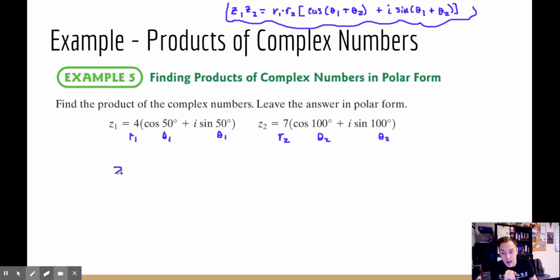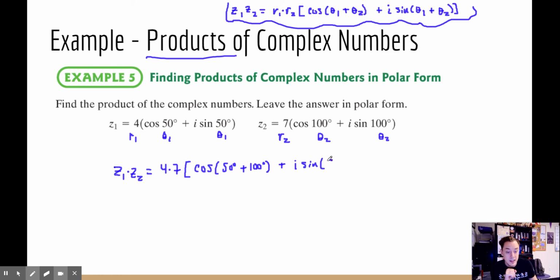So if I want to find z sub 1 times z sub 2, because that's the product, that's what I'm doing, finding the multiplication, I take 4 times 7. In brackets, I write cosine of 50 degrees plus 100 degrees, and then plus i, and then sine of the same exact thing, 50 degrees plus 100 degrees.